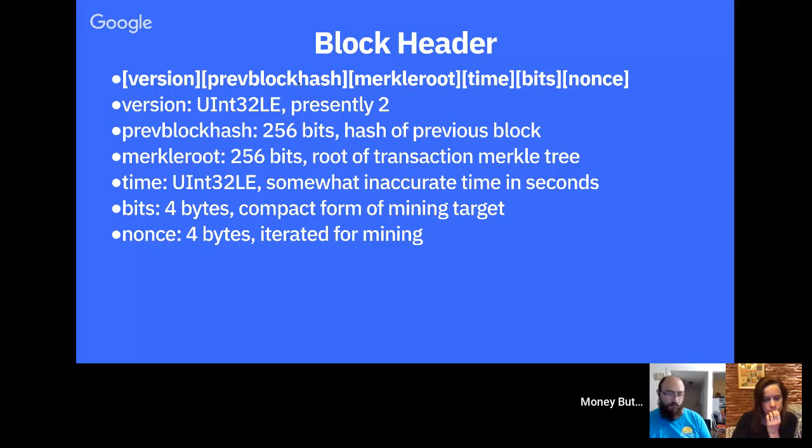So that basically means that miners end up using this as an extra nonce, and you can't actually rely on the time inside of a block. There's something called bits, which is the compact form of the mining target, and the nonce. And the nonce is something that miners can just change randomly so that the hash of everything is different. And so that is a useful tool for the miners to be able to generate different block hashes.